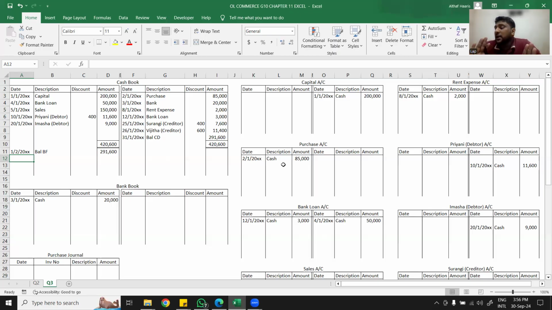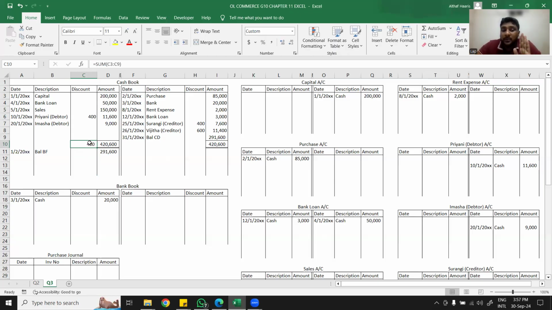But we are not done. The discount column is there. So let's get the discount given column. It's 400. Discount columns are memorandum columns, temporary columns. We have to post the double entry for the discounts.